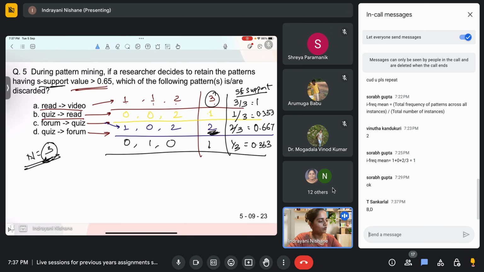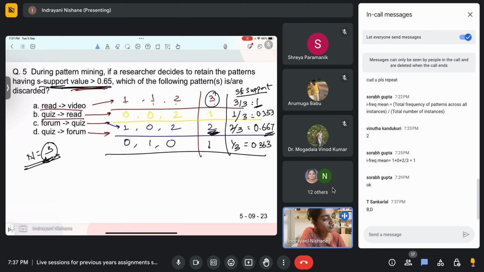Our condition is that S support value should be greater than 0.65. So we will consider only those transitions which have S support value greater than 0.65, which are this 1 and 0.67, which is forum to quiz. Okay, I'm confused.